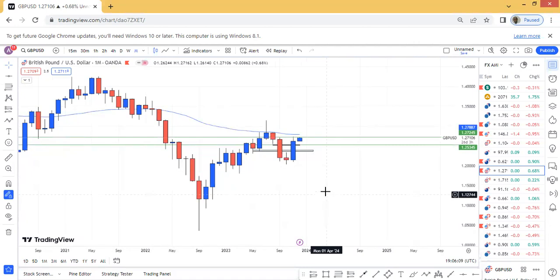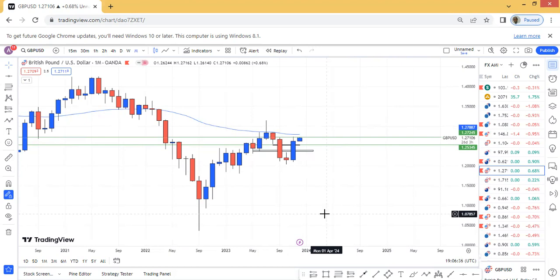Now, when we look at the monthly, I am analyzing from the monthly because the month just ended and this week is going to be the first trading week of the month. And on the monthly time frame, the only thing that I look at is candlestick patterns and what has been formed, the candlesticks that were printed in the previous 3 months or so.